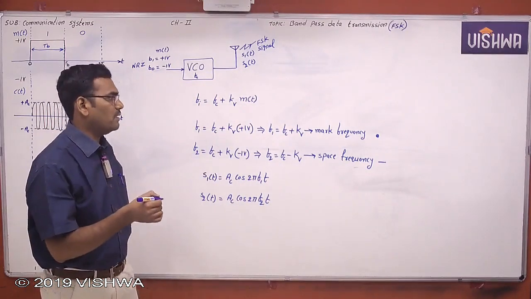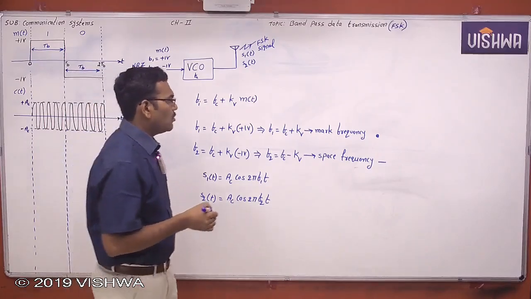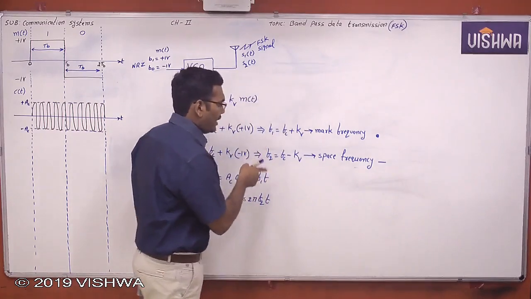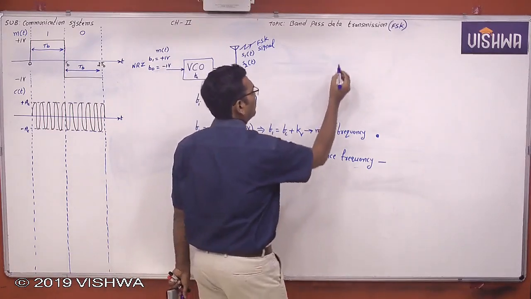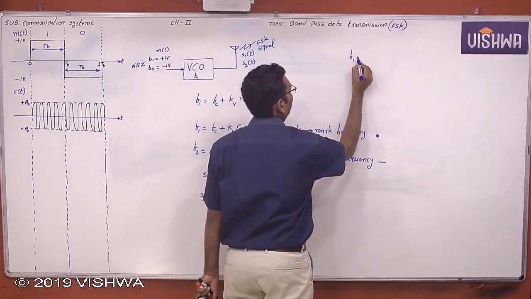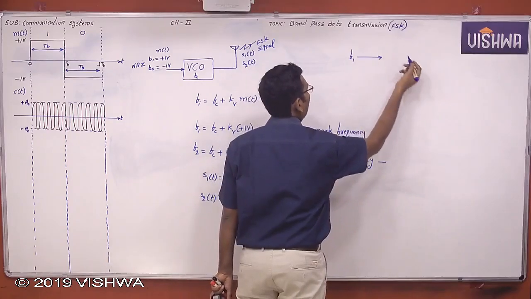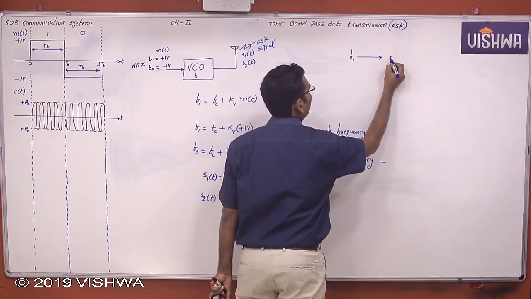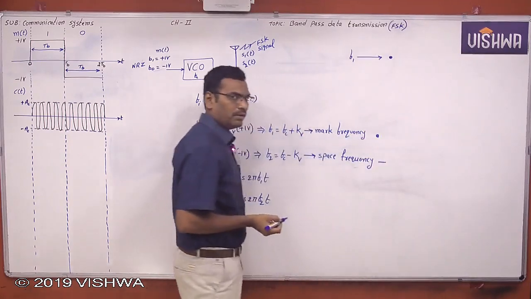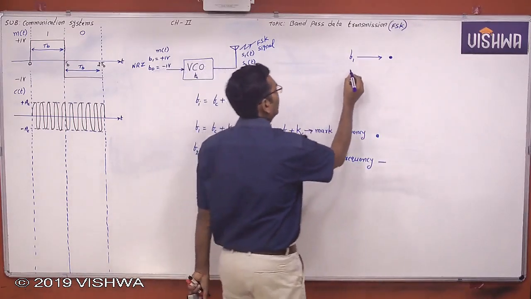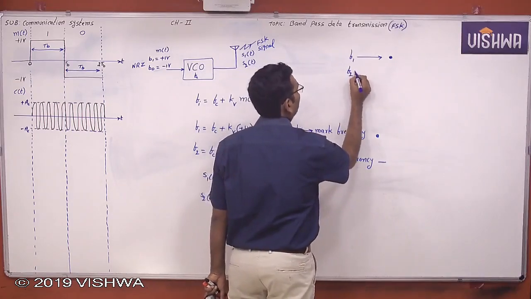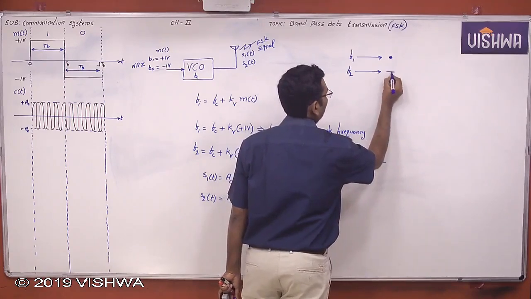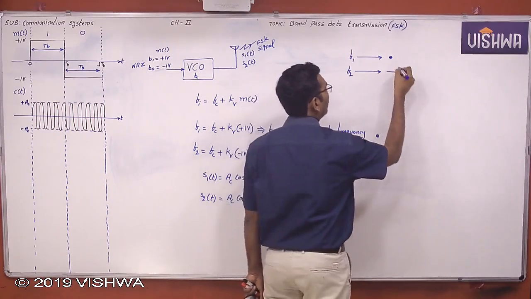So what is the meaning of this? If you transmit F1, the other end will recognize that a mark is received. If you transmit F2, they will recognize that a space is received, and they will decode that.